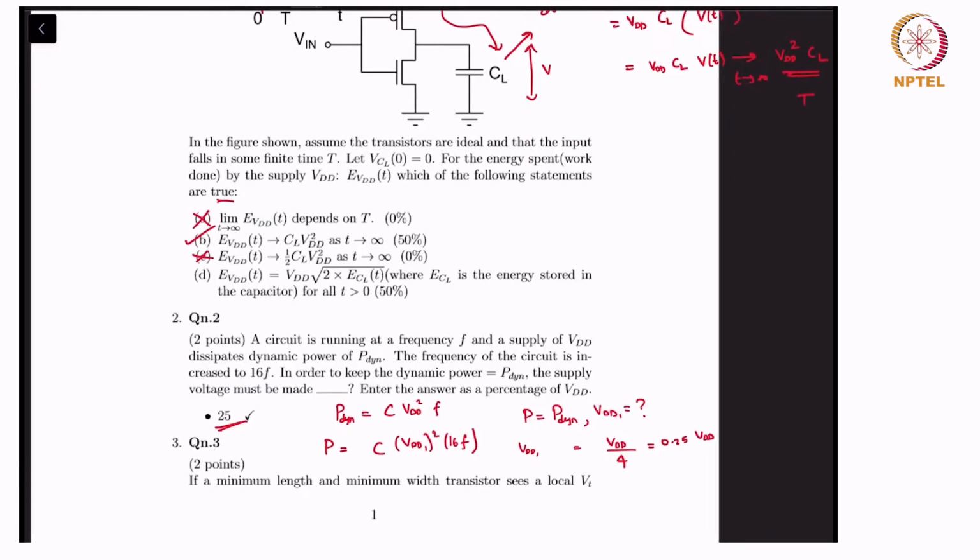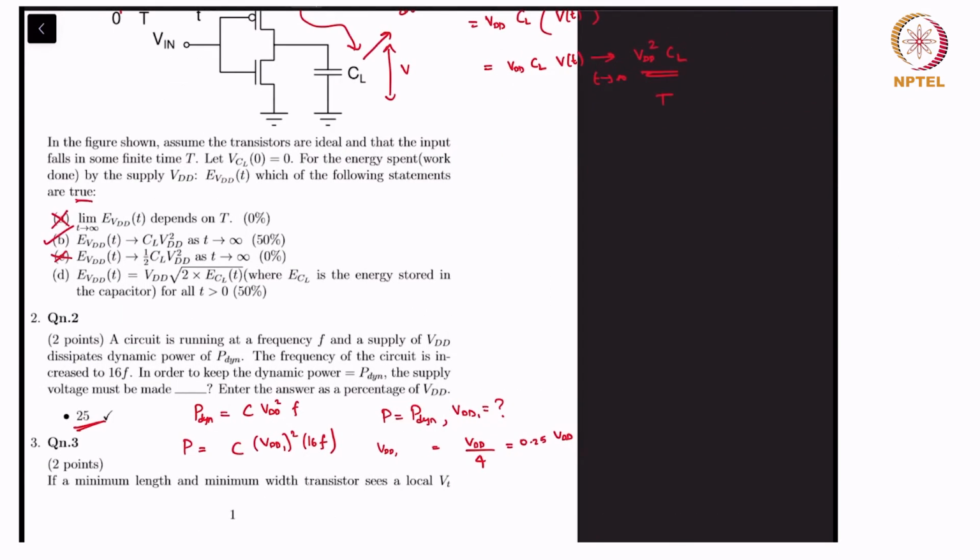Now for option 4, let us actually derive the energy of the capacitor and the energy of VDD given time. Now for ECL of t, one has the capacitor, and this is the node voltage V. This is the current into the node.